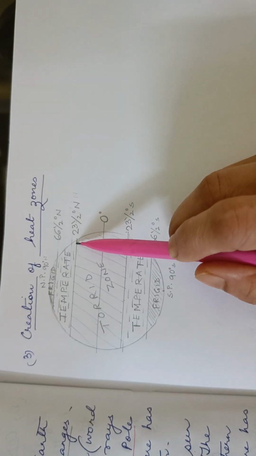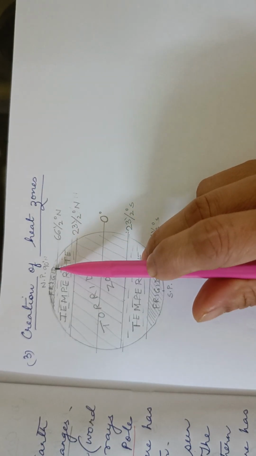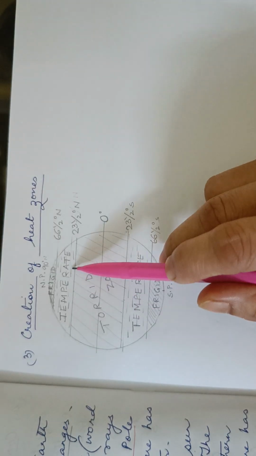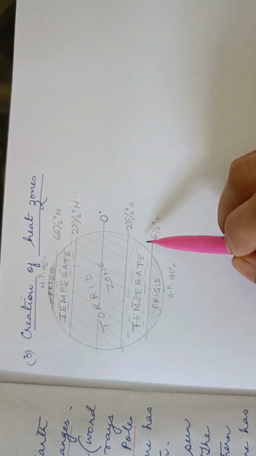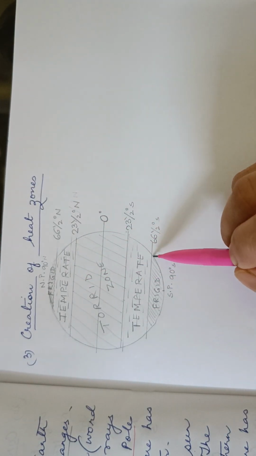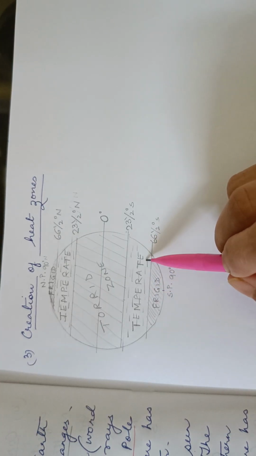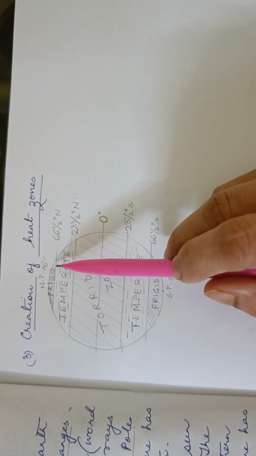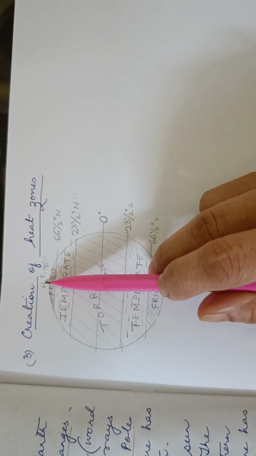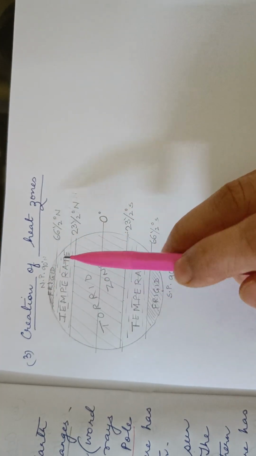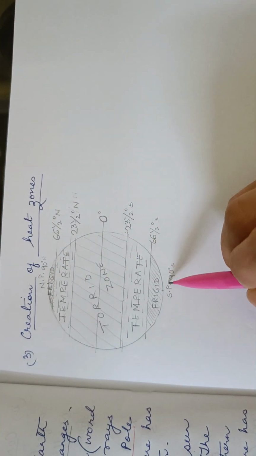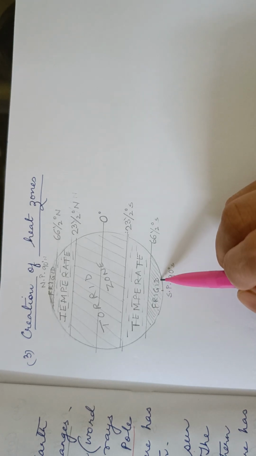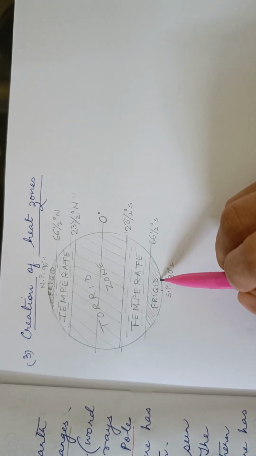And from Tropic of Cancer to Arctic Circle, it is North Temperate Zone. Tropic of Capricorn to Antarctic Circle is South Temperate Zone, where the sun rays are slanting. And from Arctic Circle to North Pole, it is North Frigid Zone, and Antarctic Circle to South Pole is South Frigid Zone, where the sun rays are very, very slanting.